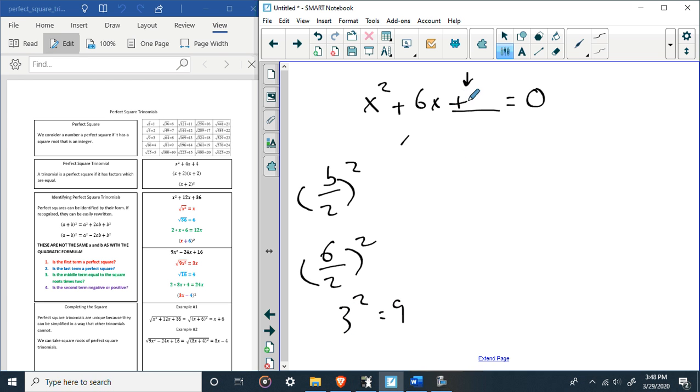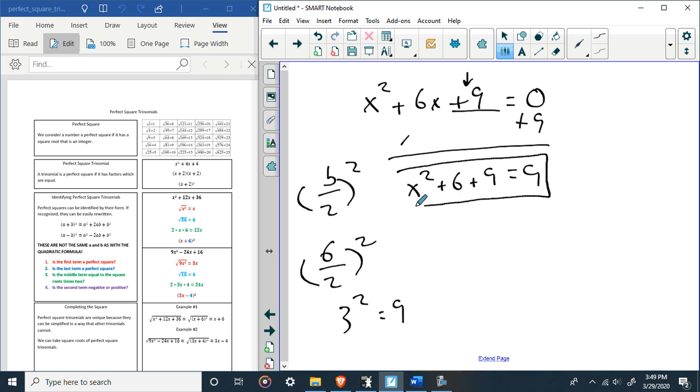But if I'm going to add 9 over here, we have to make sure we add 9 over here as well. So now this is a perfect square. The benefit of that is I can rewrite this side as a perfect square.